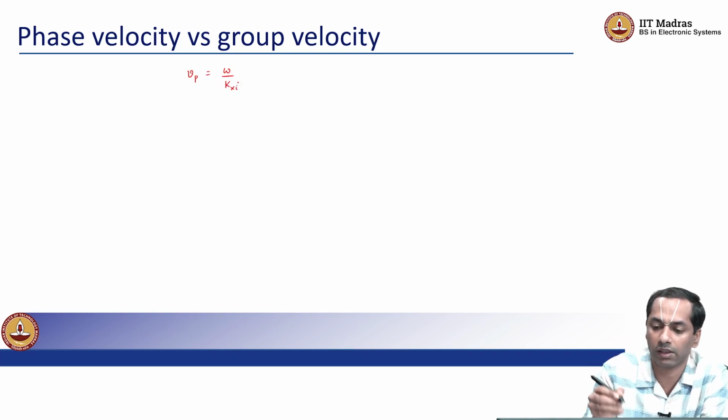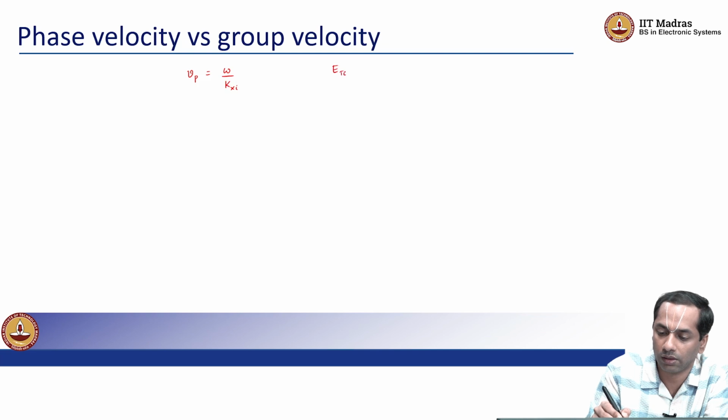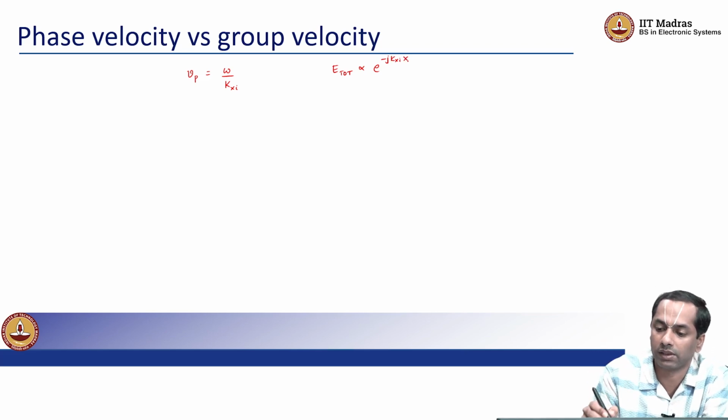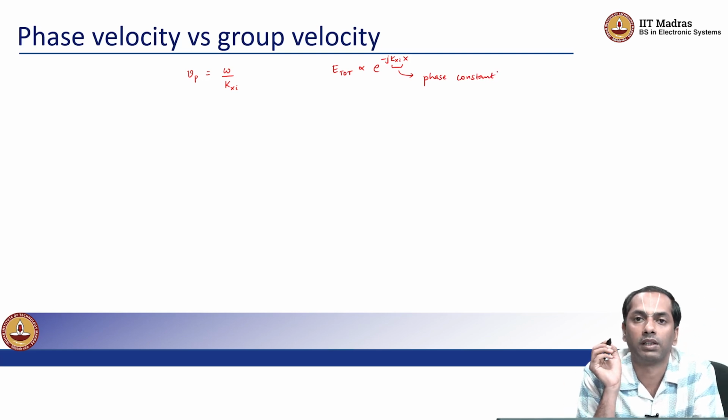Remember that your E total was proportional to e to the minus j kxi x, so this kxi is essentially the phase constant of propagation. So I can define an omega over kxi, which we find out to be the same as the phase velocity.